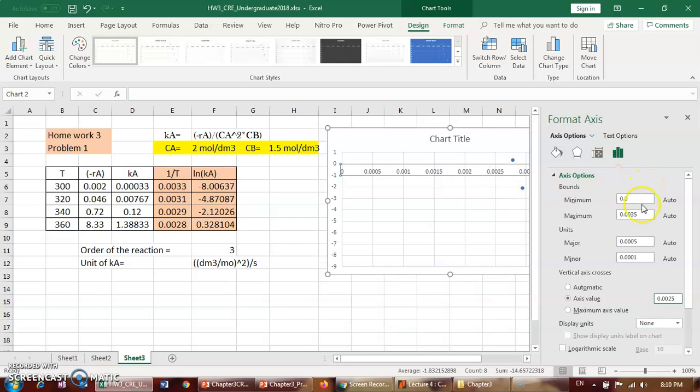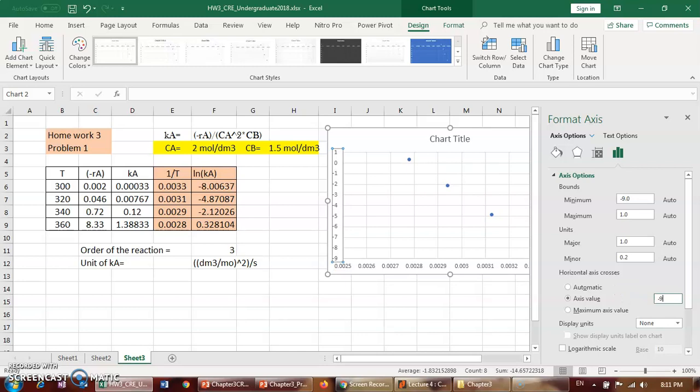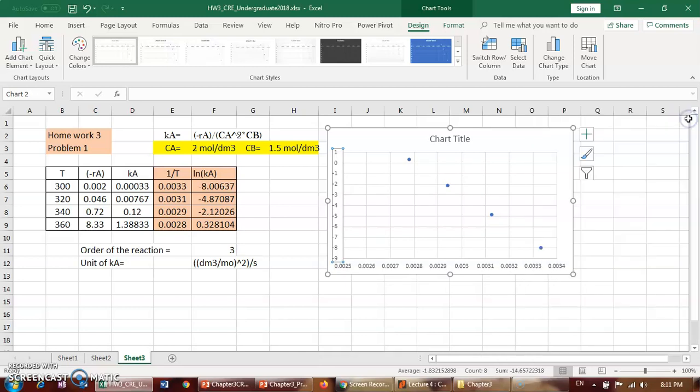Then we can put a minimum value of 0.0025, and for the y axis set the value as -9. You can see the plot now looks very nice. It's just manipulating. If you don't do it, you'll get the same result.